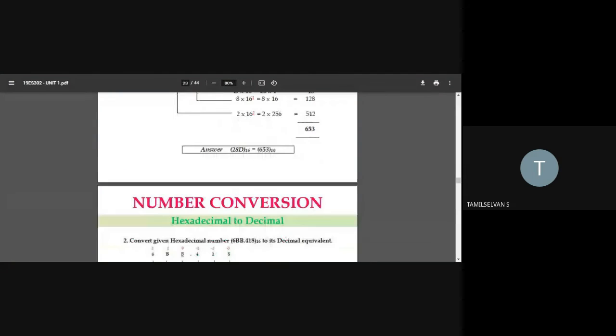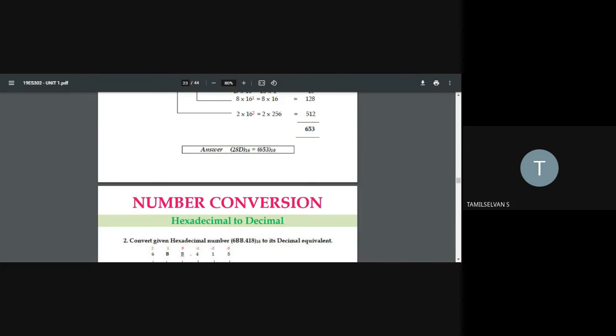The same methodology has to be followed in the floating point also. After the floating point, there is a multiplication in terms of negative exponents, that is 16 power minus 1, 16 power minus 2, 16 power minus 3.